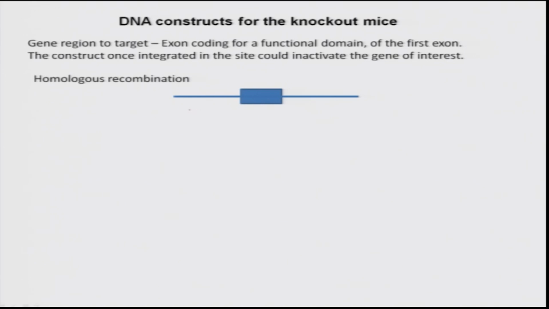Now, what you do is that regions flanking this particular coding region are selected from the genomic library of that particular organism, and then instead of this important region you put, for example, a small segment of foreign DNA which codes for a neomycin resistance protein. We will talk about why.